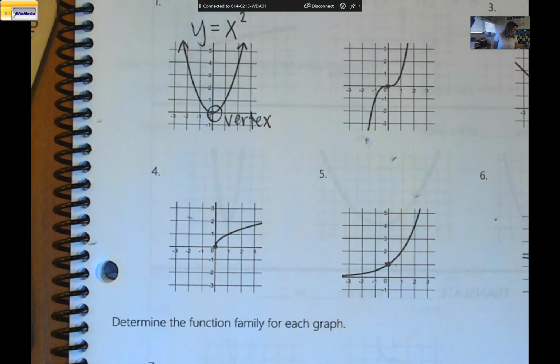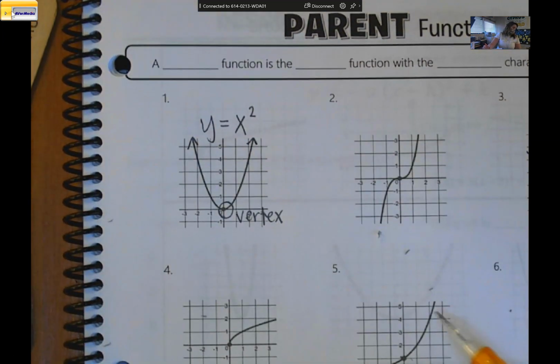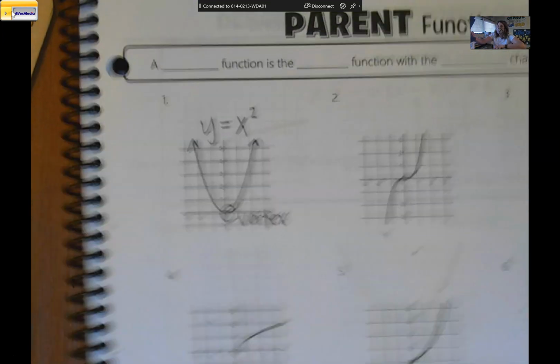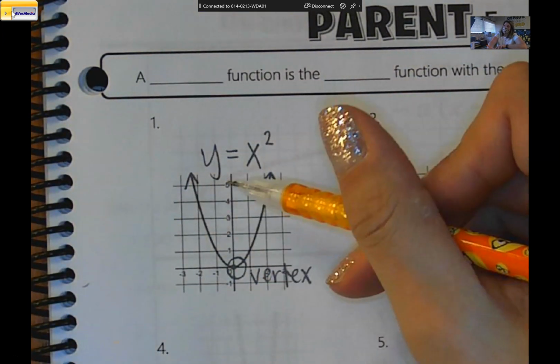So that takes us to our function families page. These are all the common function families, and we started with the most common one, which is the parabola.